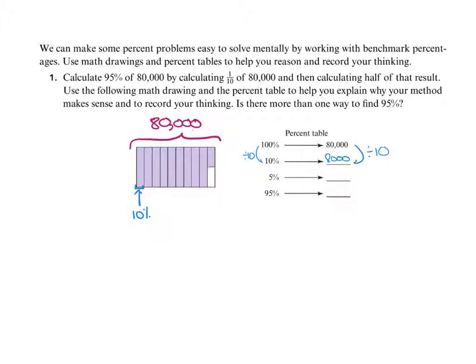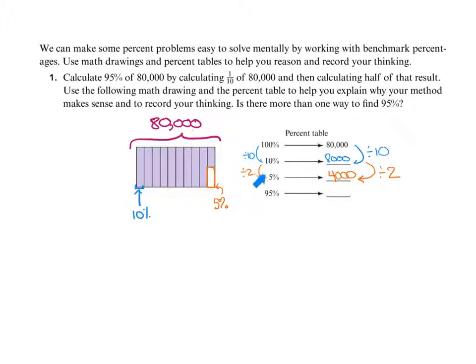To go from 10% to 5%, that would be half, or 10% divided by 2. This little rectangle here represents 5%.